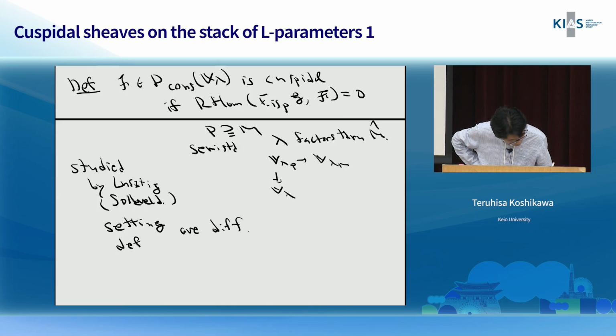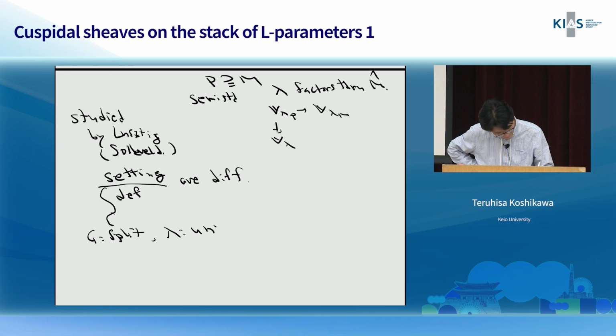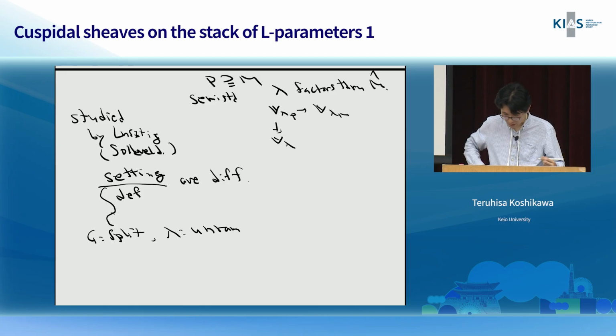So his setting is the following. In our language, G is split, and lambda is unramified. Furthermore, this Vinberg stack or Vinberg variety is determined by just a co-character.